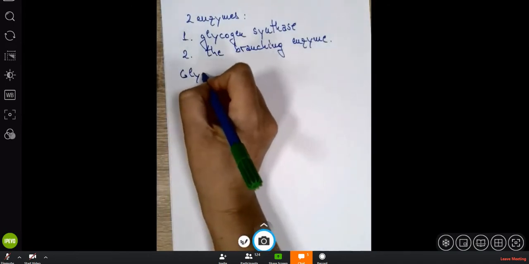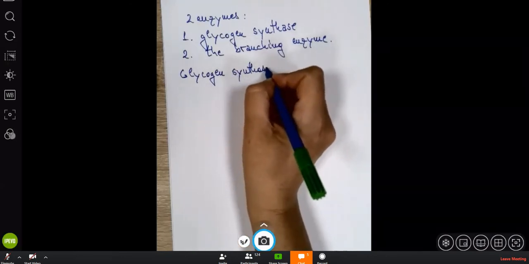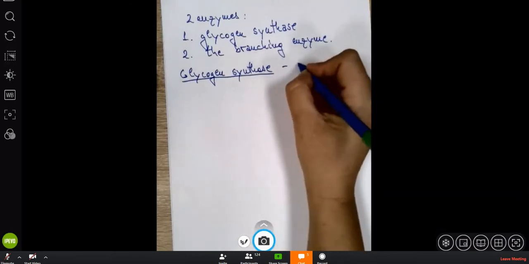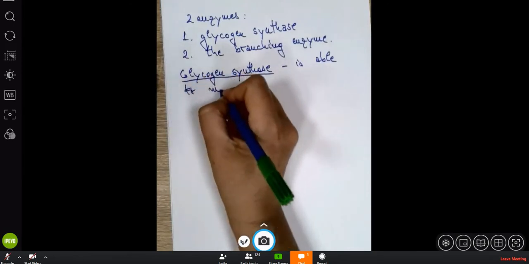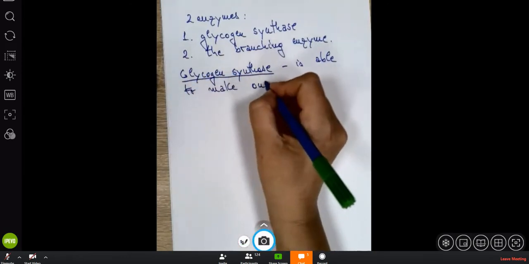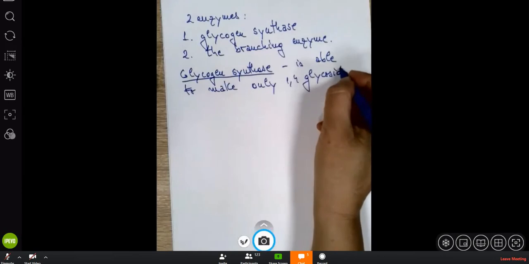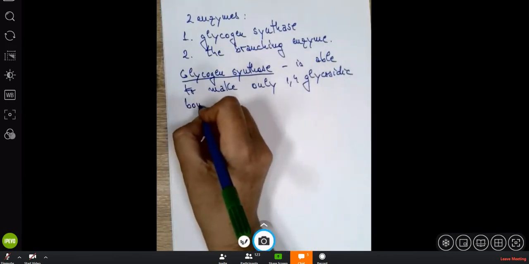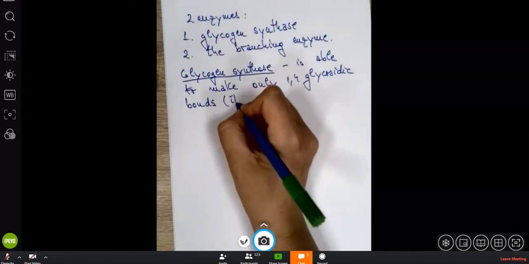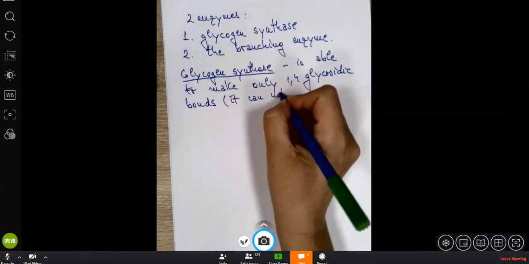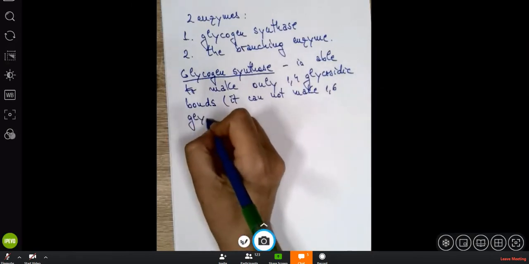Glycogen synthase is able to make only 1,4 glycosidic bonds. It cannot make 1,6 glycosidic bonds.